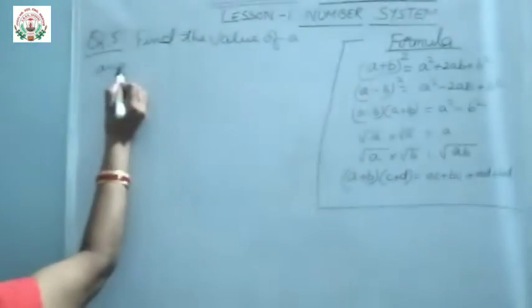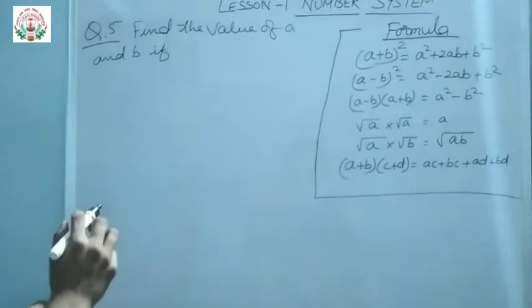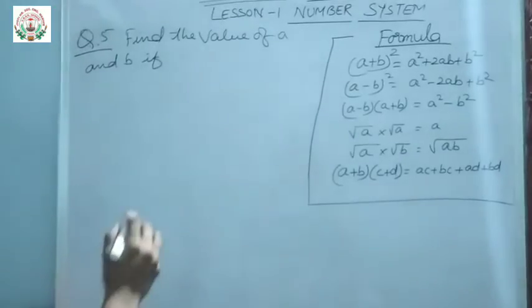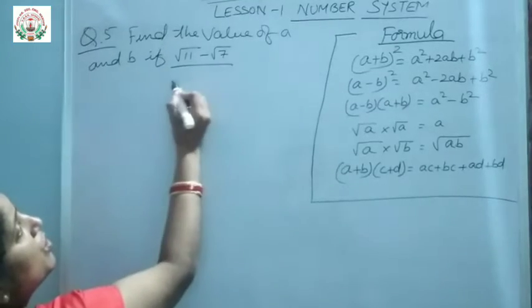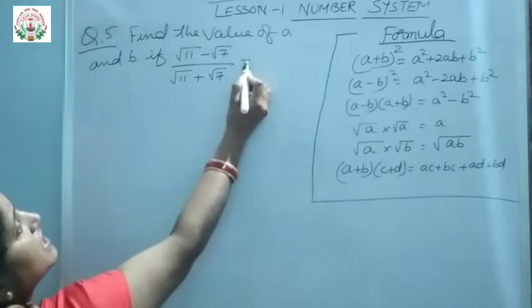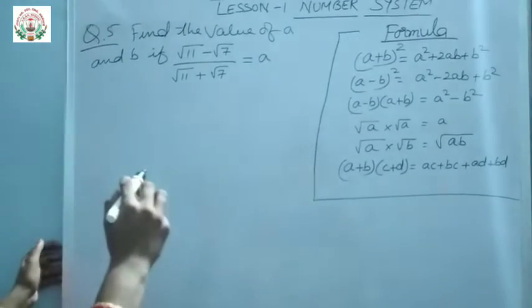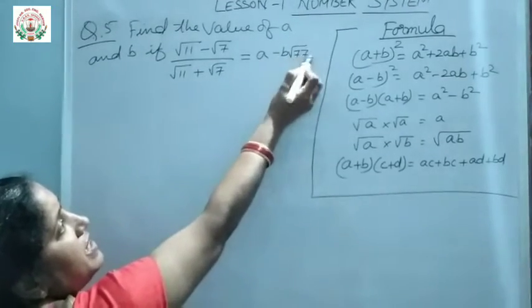Question number 5: find the value of a and b if root 11 minus root 7 upon root 11 plus root 7 is equal to a minus b root 77.